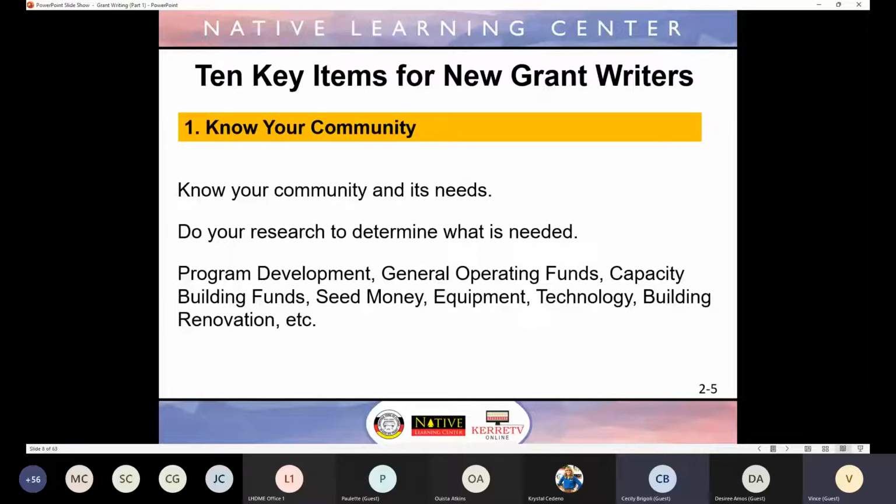Call upon others where you can to try to get an understanding, if you don't have it already, of what the community is. Also, you can interchange the word community with leadership, whether it's a tribal council, whether it's a board of directors or board of commissioners. If you're a TDHE, for example, tribally determined housing entity, know who your leadership is, know who your community is, and what their needs are to the best of your ability, because that's really where your marching orders come from.